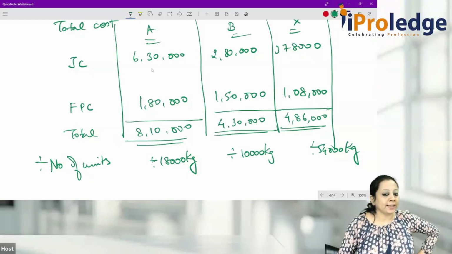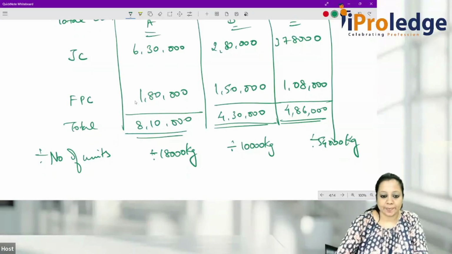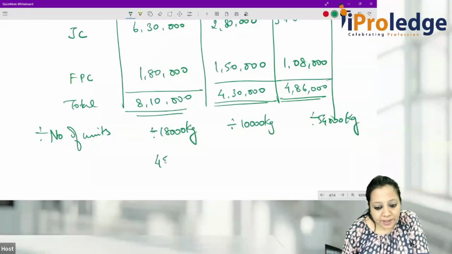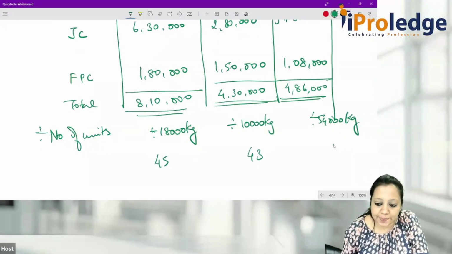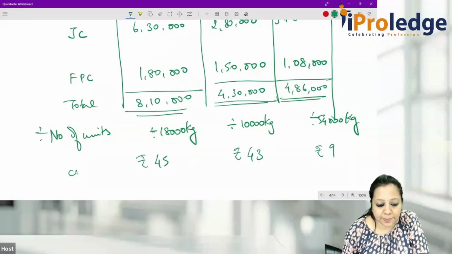First one is 6 lakh 30, second one is 1 lakh 80. The cost per unit comes to 45, 43, and 9. So this is the cost per unit.